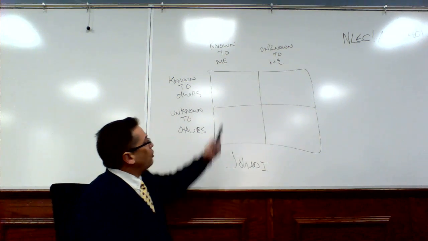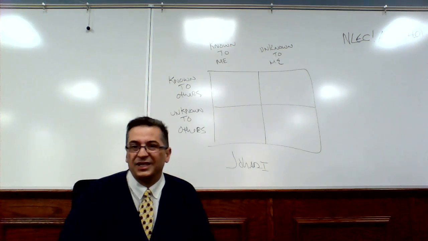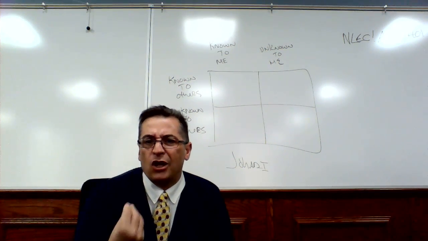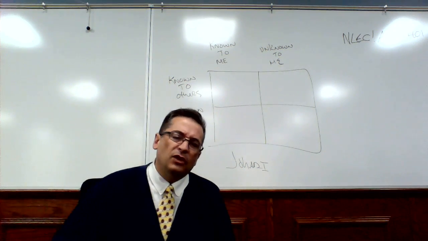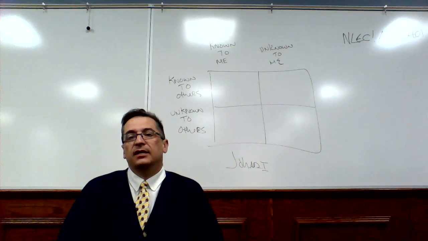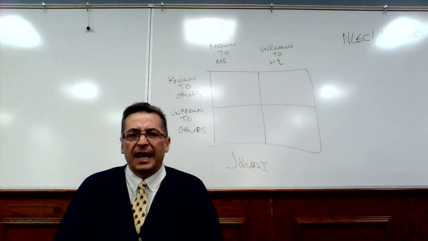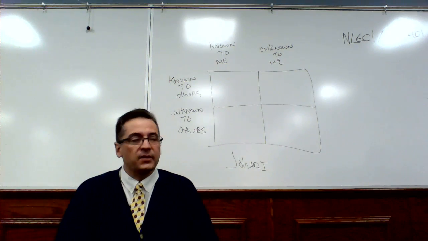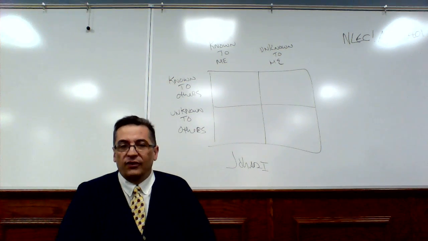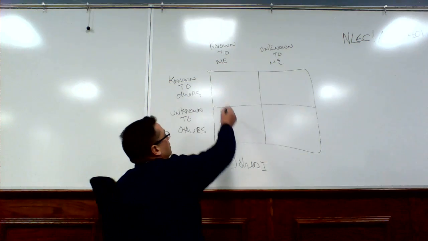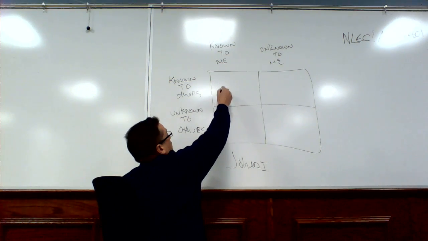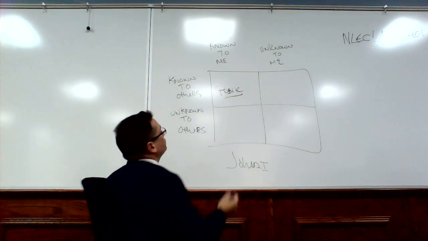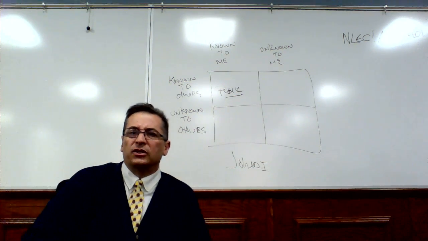Right? So we'll start up here on our first pane. This is the easiest. It's a behavior that I know I do, and a behavior that you know I do. For instance, I have a bad New England accent. I know it, and you're listening to me, so you know it. Let's call this our public domain. Now, is there anything bad about this domain?